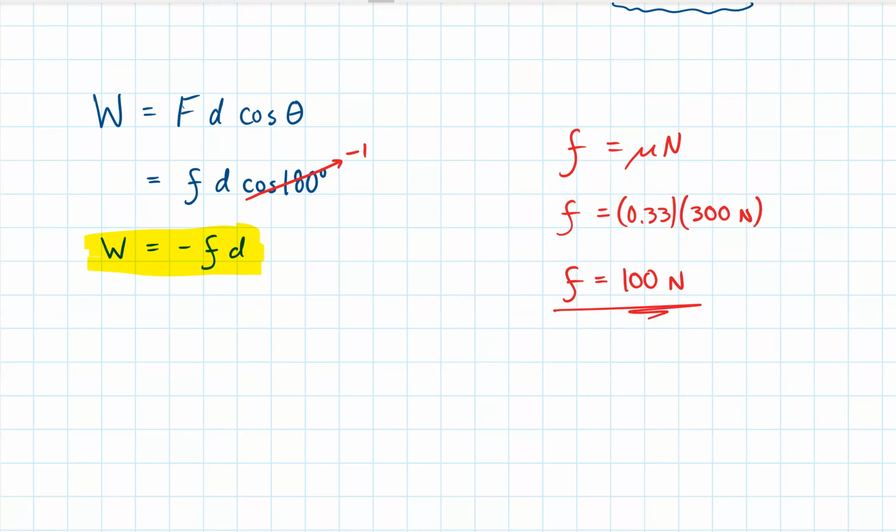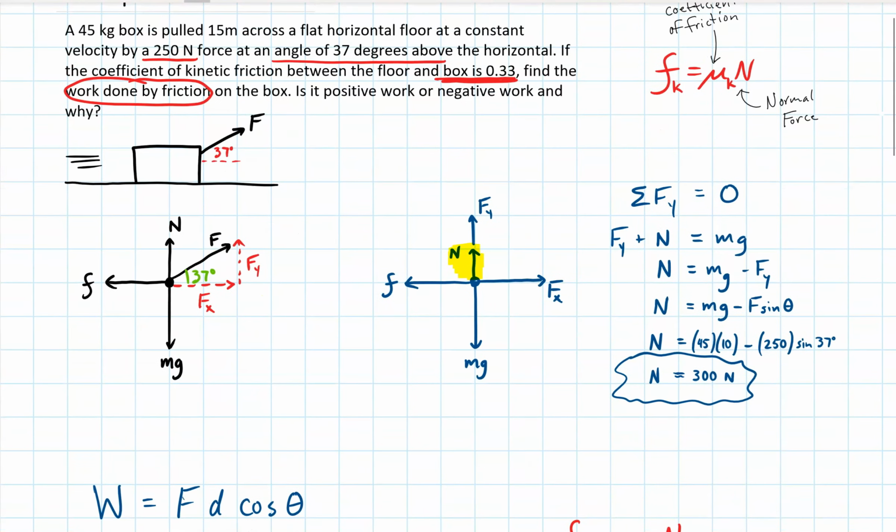Now we know enough to finally plug that back into our work equation. So when we plug all that stuff in, I know that work is equal to negative 100 newtons times a distance of, how far was this thing moving? Let's see, it is pulled 15 meters.